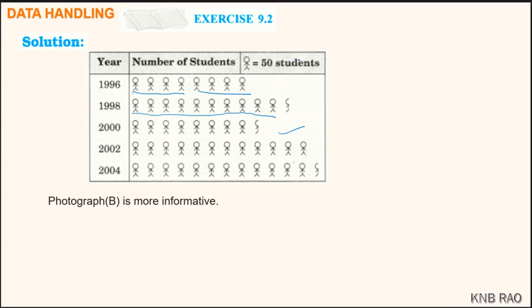So with this I conclude this session, and from our next session we will be learning a better graph where representing 535 is exactly possible. In a pictograph we have a demerit. The demerit is that representing an exact number is tough with the help of symbols.